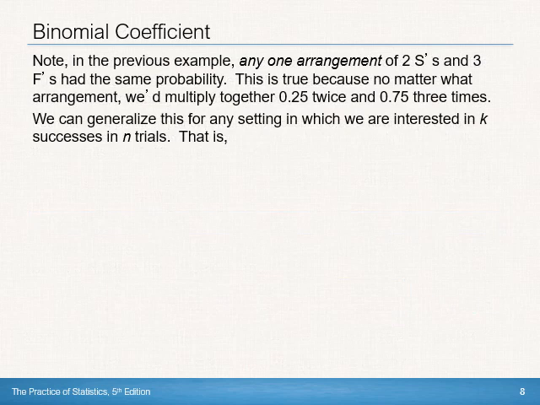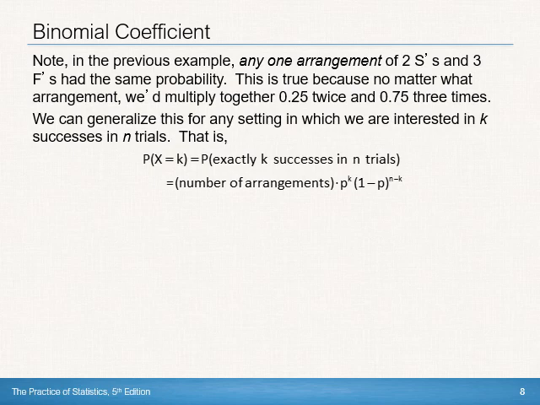All right, so in the previous slide, we were trying to figure out how many ways we could arrange 2 successes and 3 failures. This is something called the number of arrangements, the number of arrangements of so many successes in total trials.